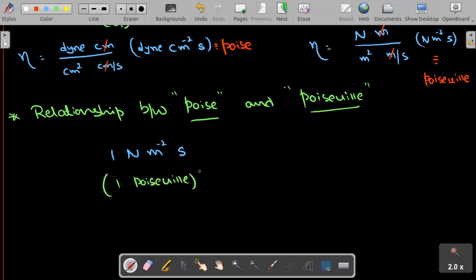Correct? Write down. Now try to convert Newton in terms of dyne. If you remember, you can directly write 10 power 5 dyne, isn't it? We have learned this in unit 1. How about meter, converting to CGS? Meter means 100 centimeters, right? So I can write 10 power 2 centimeter, but it's not simply centimeter, it is power -2.